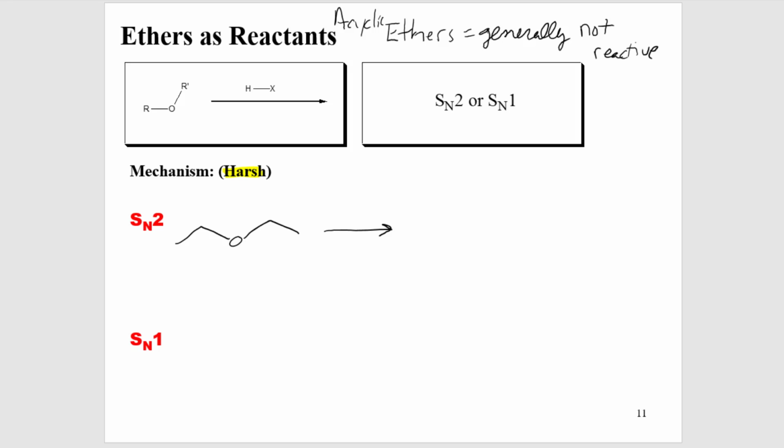And when we say harsh, we mean acidic. Okay, so if I were to do an SN2, I would use, say, a strong acid to make the oxygen into a better leaving group. And then if the only thing floating around is Br minus, then the Br minus performs an SN2 on that primary carbon.